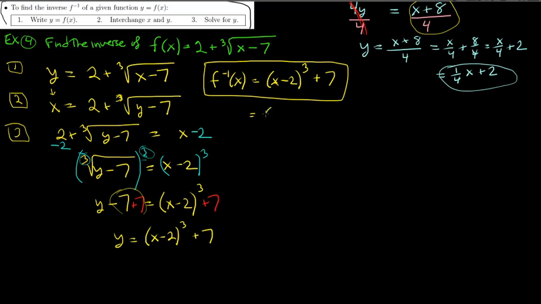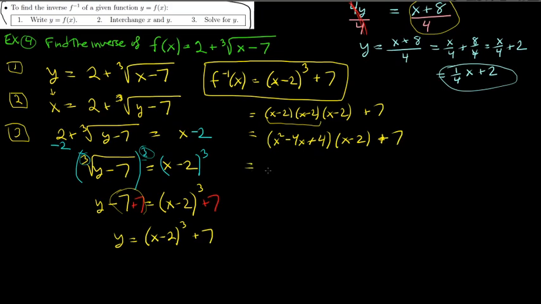Obviously, some of you might be tempted to expand this out here: x minus 2 times x minus 2 times x minus 2, and then plus 7. That's a lot of work. It's doable. And in fact, let's go ahead and do it. If you multiply x minus 2 times x minus 2, you get x squared minus 2x minus 2x, and then negative 2 times negative 2 is positive 4. And then you got to multiply by another x minus 2. So this becomes a lot more tedious.